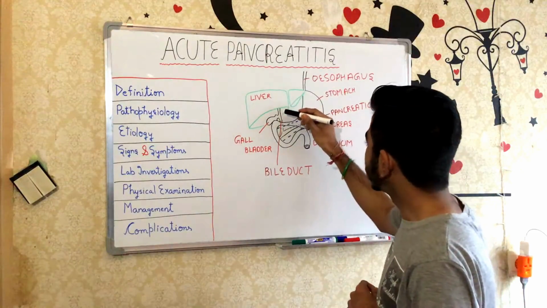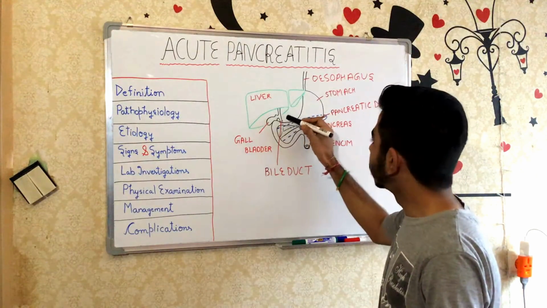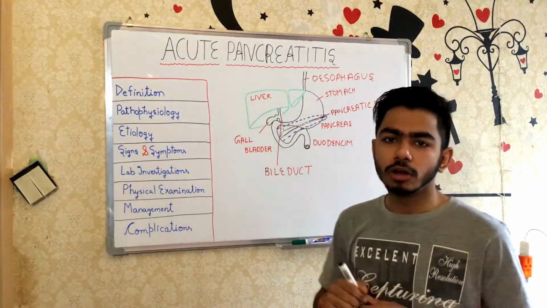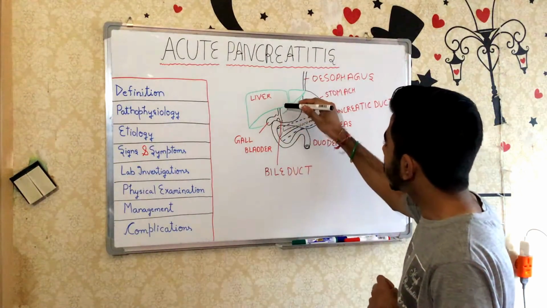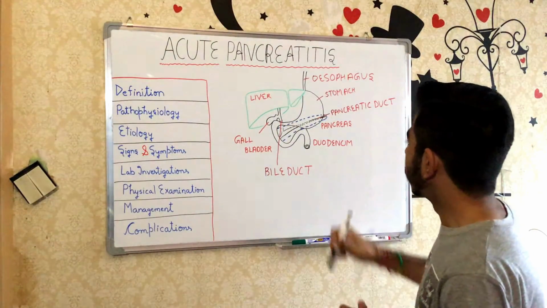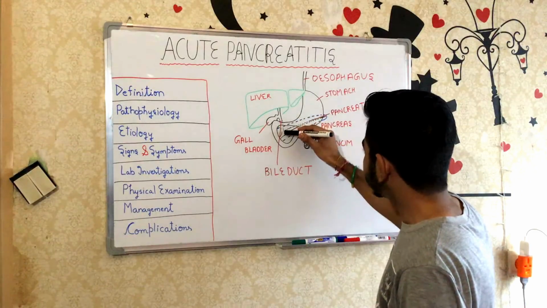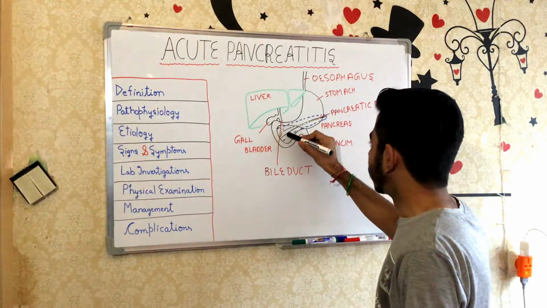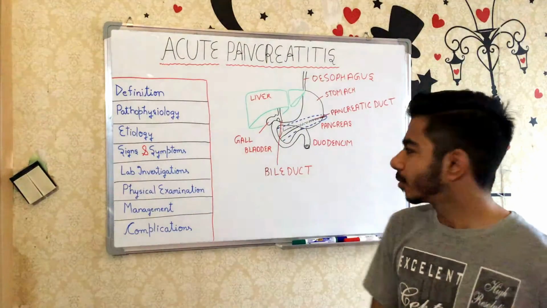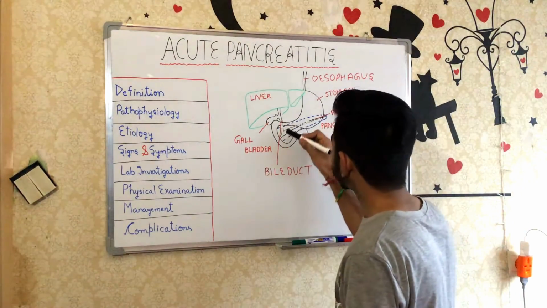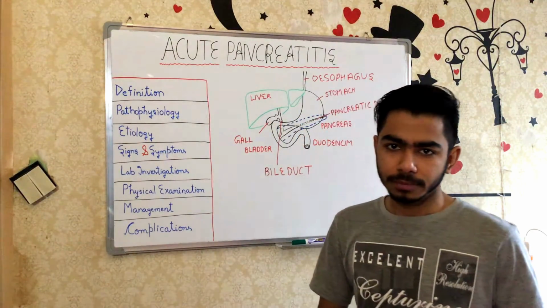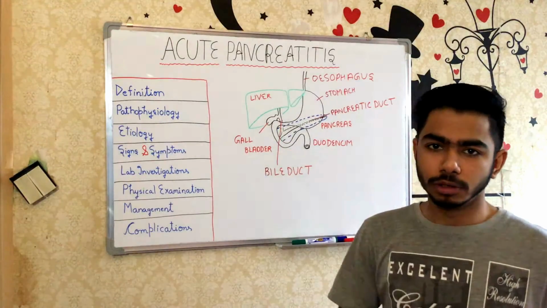The cystic duct continues into the gallbladder, and the cystic duct and common hepatic duct make the common bile duct. The common bile duct continues down and joins the pancreatic duct, which is coming from the pancreas. So the pancreatic duct and common bile duct together join into the duodenum through the sphincter of Oddi.